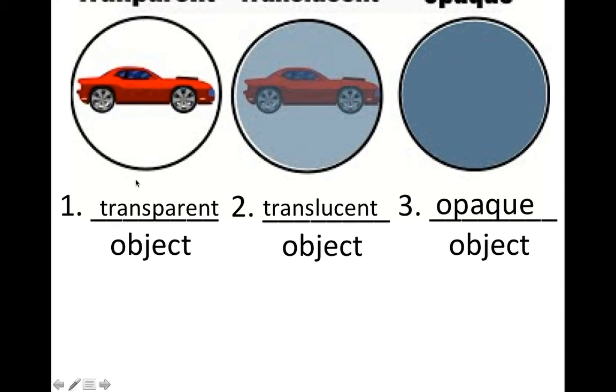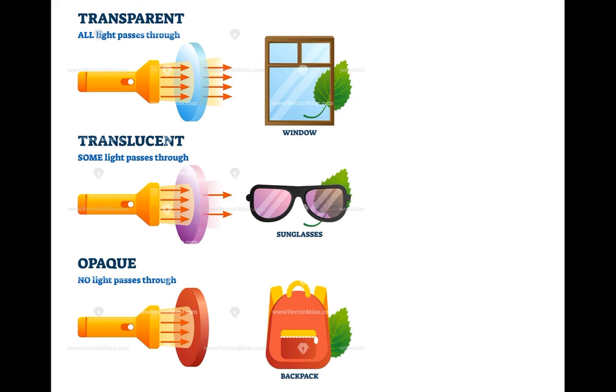So we have transparent, translucent, and opaque. This image again will show us here in transparent, all light passes through. We can see clearly through the glass window.